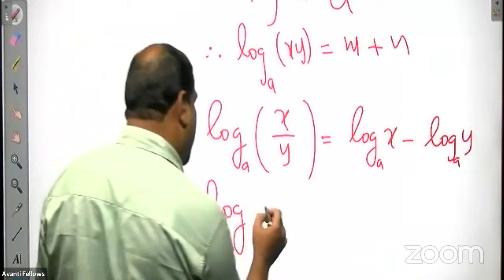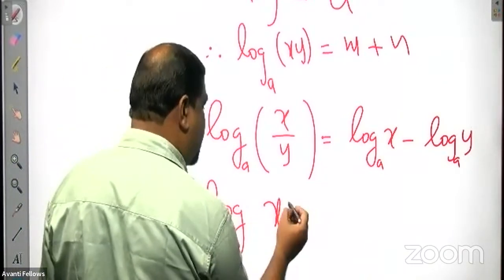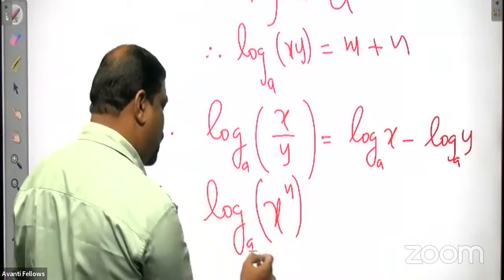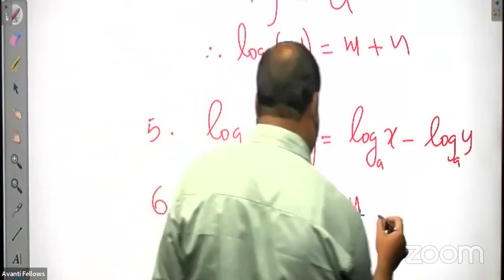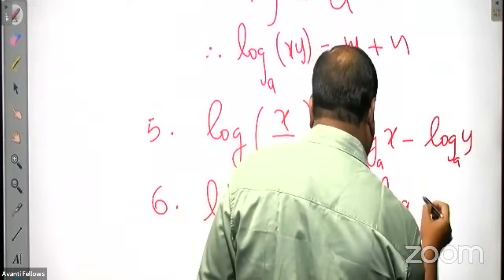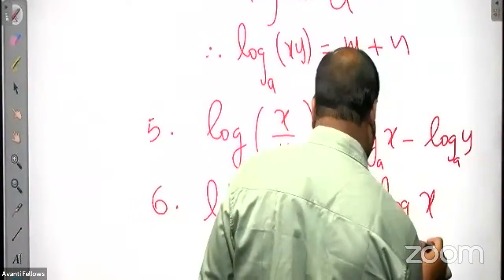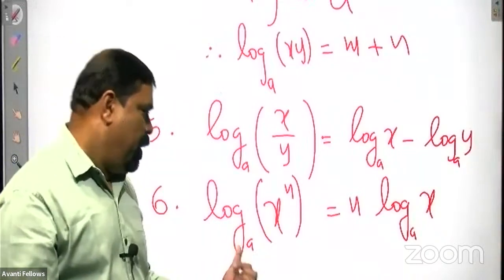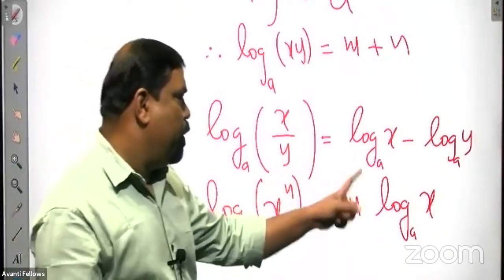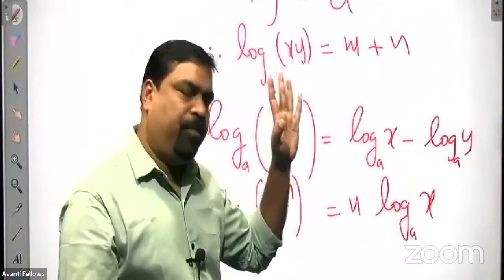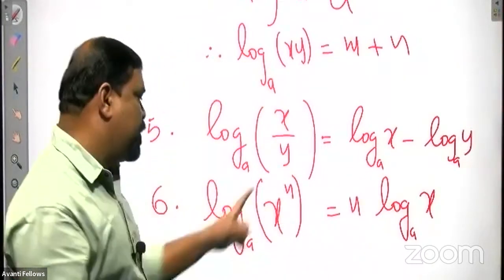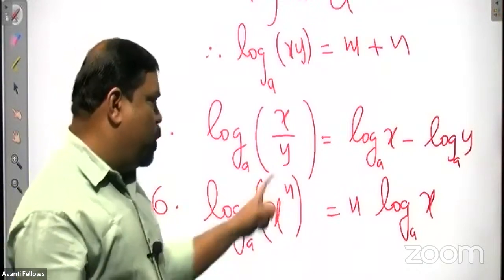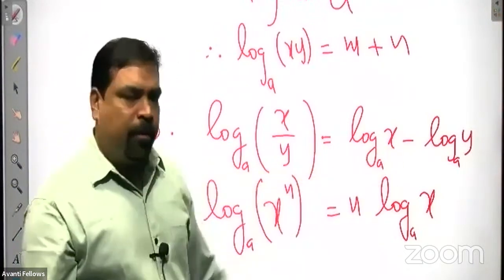Another property: log of x raised to n to the base a equals n into log x. So log of x square means 2 log x, and log of x cube means 3 log x.